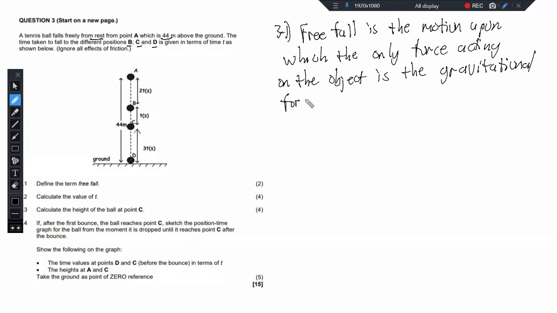Right. So you have your 2 marks like that in the back. Right. So free fall is the motion upon which the only force acting on the object is the gravitational force.